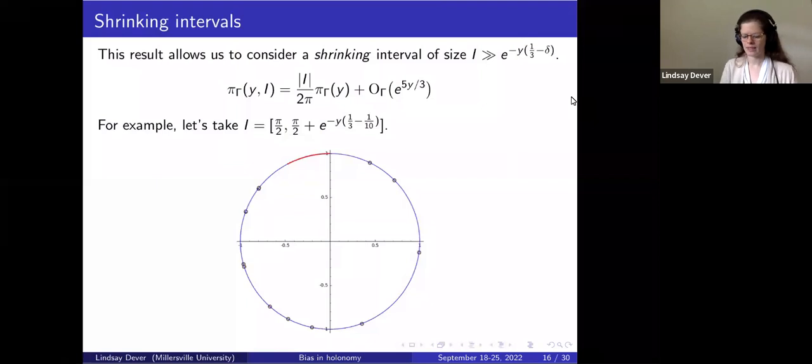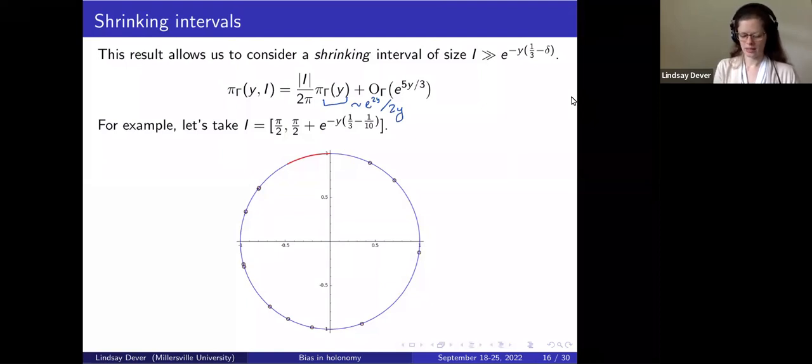Since this term is asymptotic to e to the 2y over 2y, that means we can shrink our holonomy interval down to e to the negative y over 3 and still have the main term be larger than the error term. Okay, so let's look at an example from the Weeks manifold.